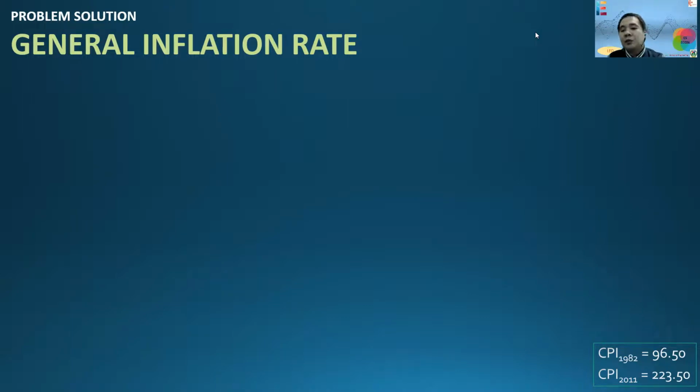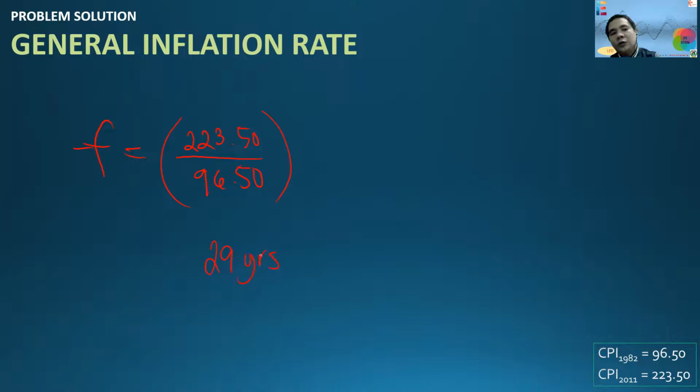Therefore, we can already compute the general inflation rate, which is equal to 223.50 divided by 96.50, to the exponent of 1 over 2011 minus 1982, that is 29 years, minus 1.